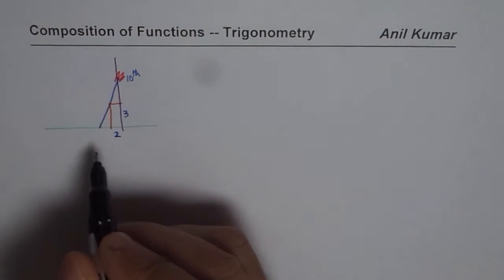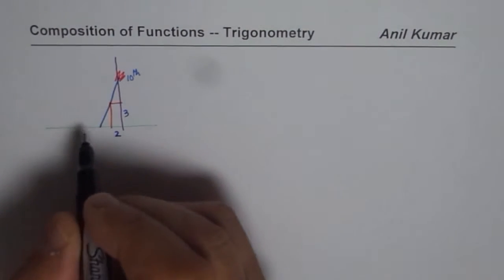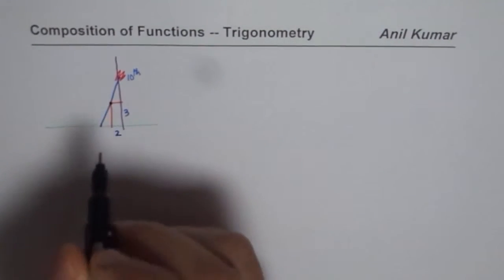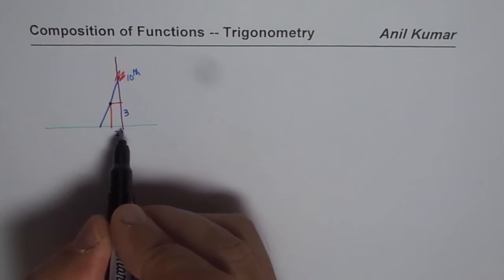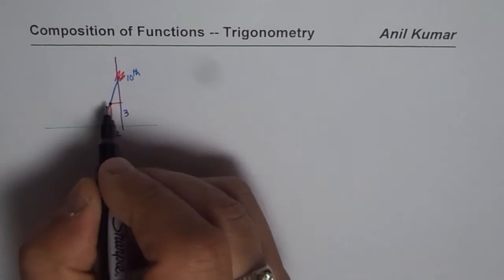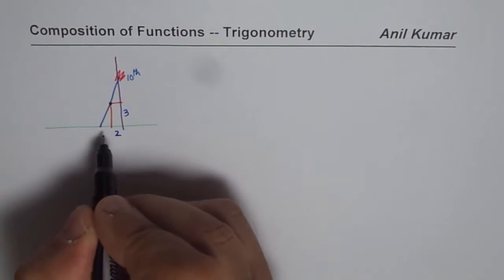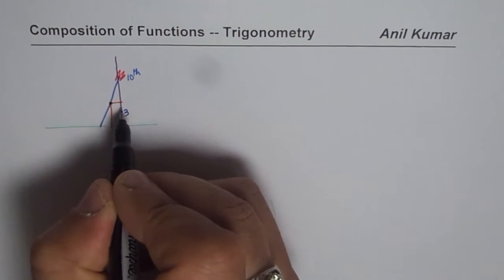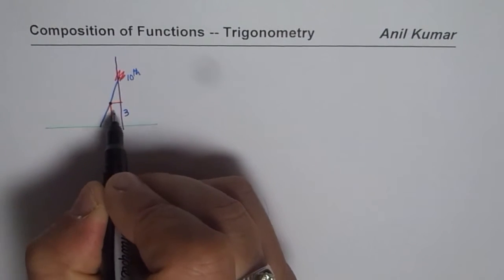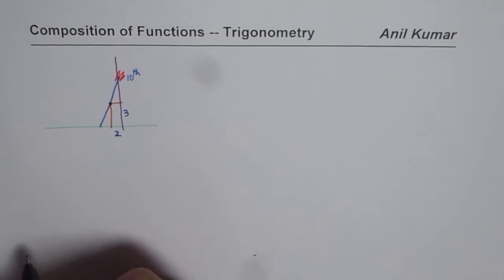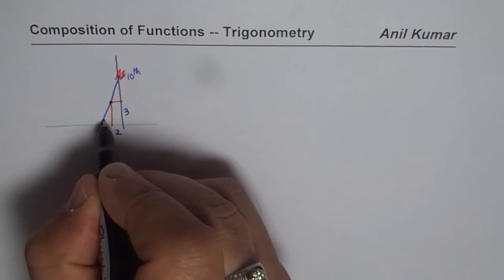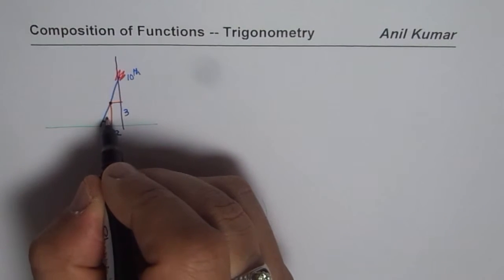Now when we have a situation like this, you can consider that this point here will be the point which is 2 units from the wall and 3 units higher on the wall, right? So this height is 3 for us and this distance is 2 units. Let us say the angle which the ladder makes is theta.